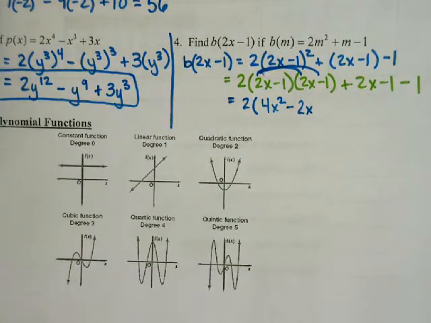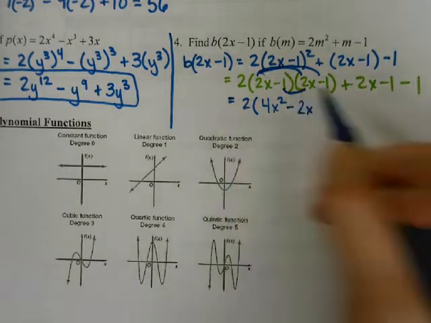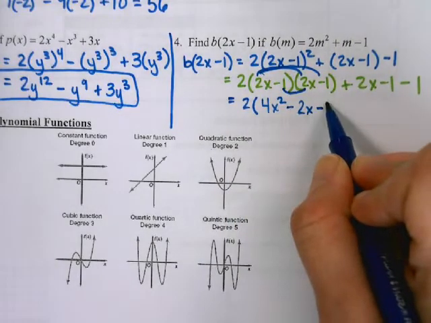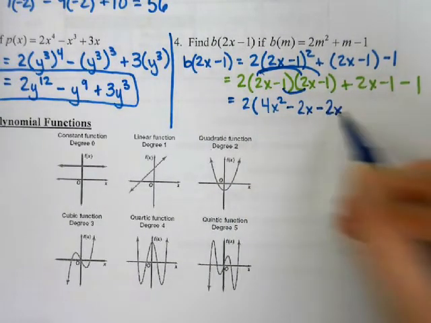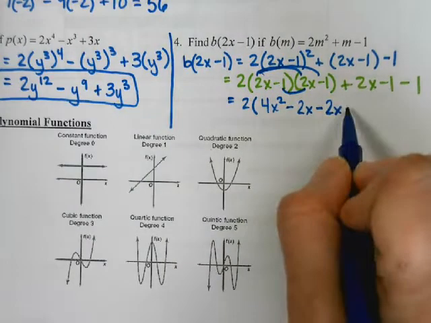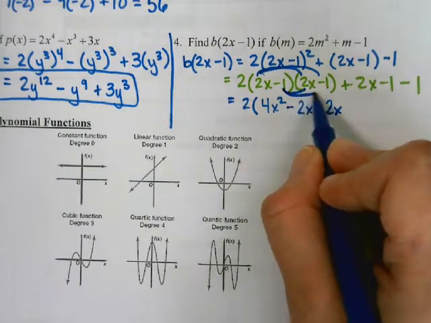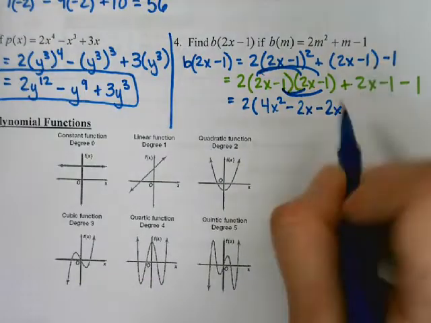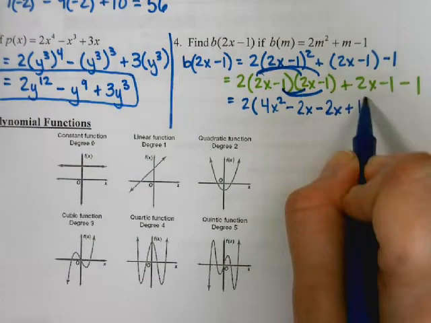Negative 1 times 2x is negative 2x. Negative 1 times a negative 1 is plus 1.